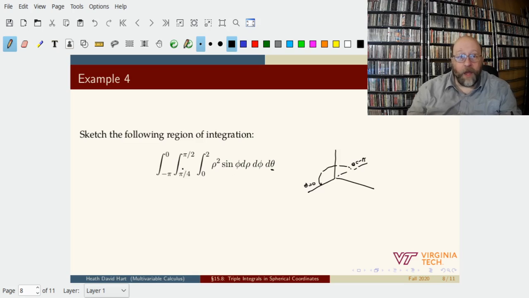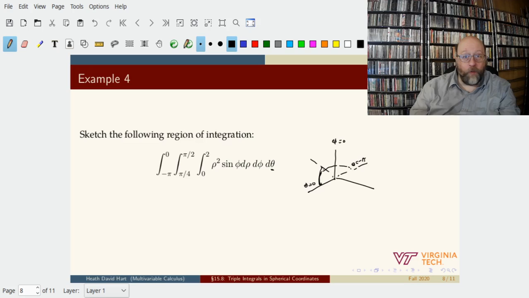Phi goes from pi over 4 to pi over 2. So phi starts up here. Pi over 4 is 45 degrees down, all the way to 90 degrees down. So just within this band of angles here. And the radius goes from 0 out to 2.